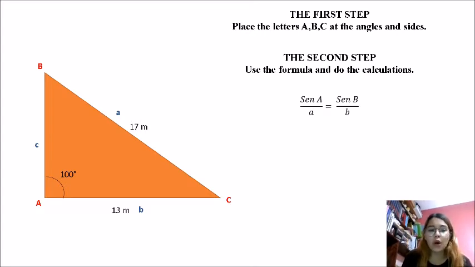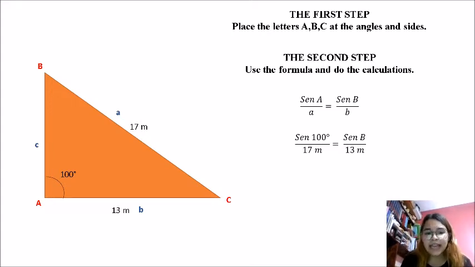The product of both sides divided by the product of both side measurements. We'll start by replacing angle A with the 100 degrees and side A with 17, as well as the B side with 13, and the B angle with an X, since it is the measure we want to find.